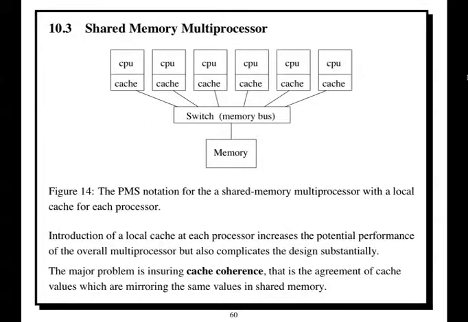processor today looks like. And now we can talk about some more interesting architectures, parallel computers. Here is a shared memory multiprocessor. You've got a CPU, you've got a cache, there's a switch, some sort of memory bus that connects to a shared memory.